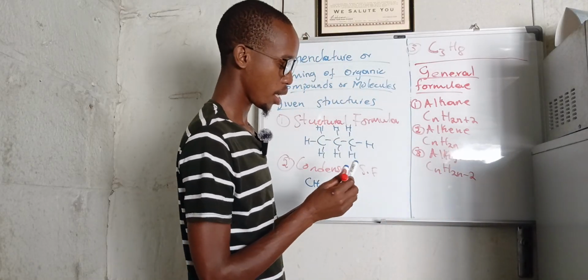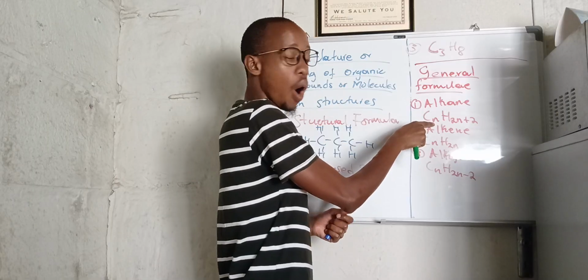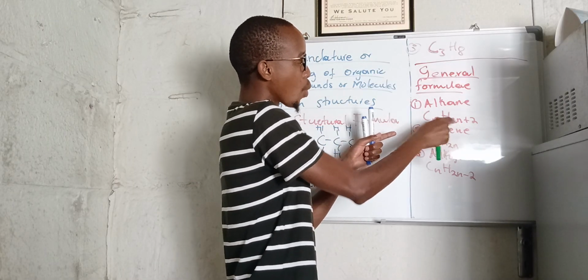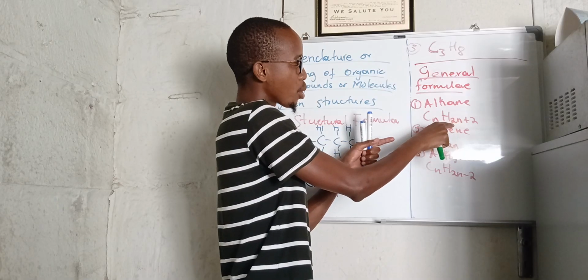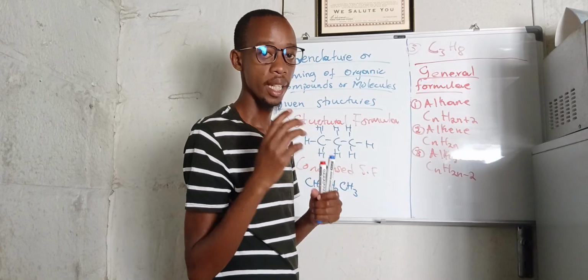So in other words, when you have 4 carbons, you will say C4, and then you're going to put the very same number here, which is going to be 2 multiplied by 4, which gives you 8. 8 plus 2 means it is going to be 10.